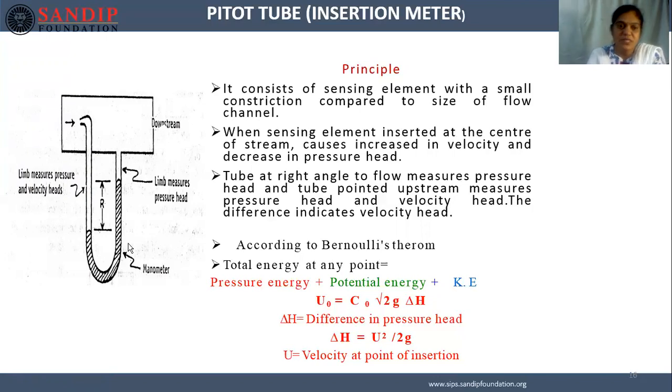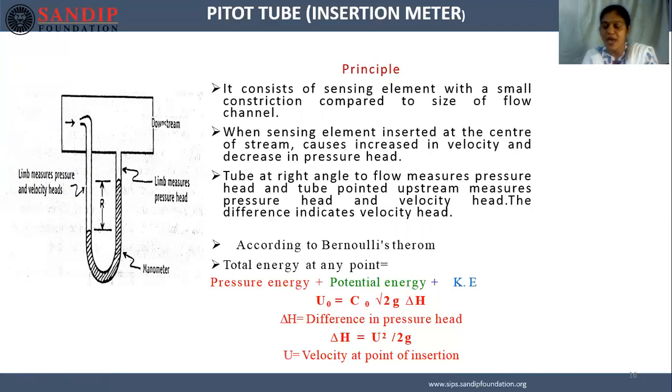Next we'll see the working. In working, these two tubes are inserted into the pipe in the manner shown in this diagram. The Pitot tube is used to measure the velocity head of the flow. In this tube, the velocity of the fluid is increased at the narrow constriction, and this results in decreased pressure.